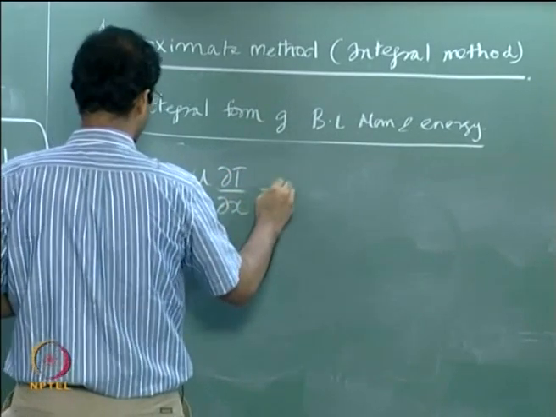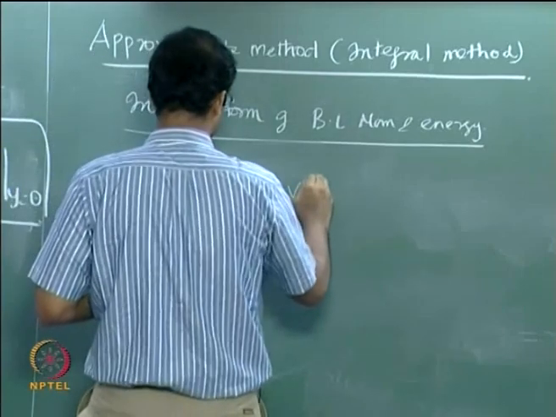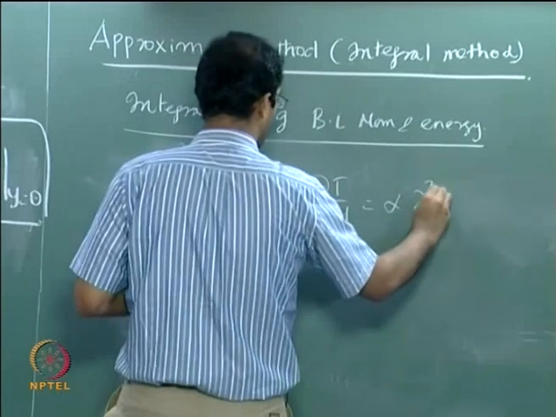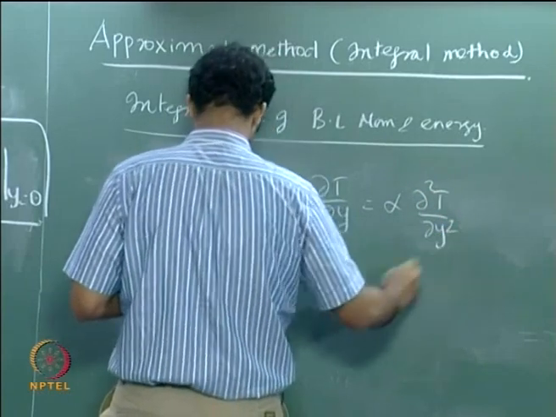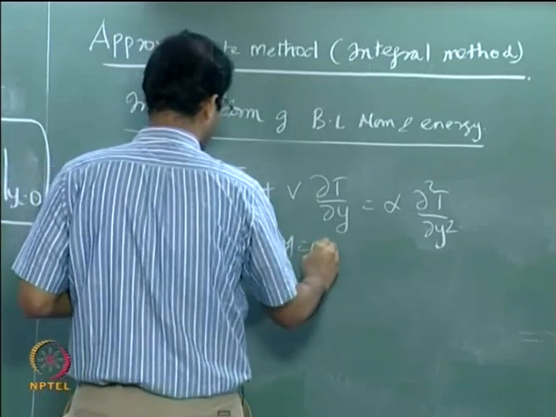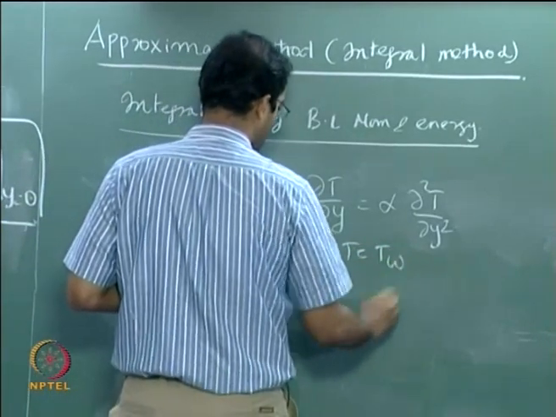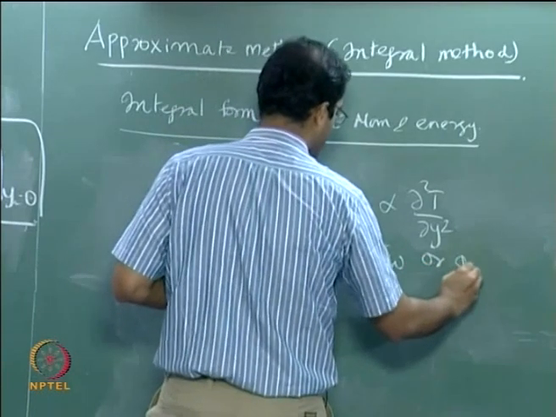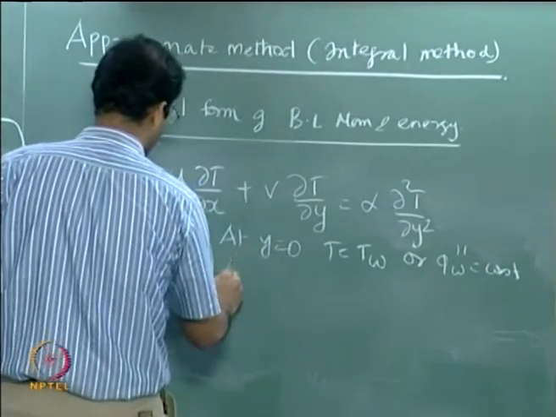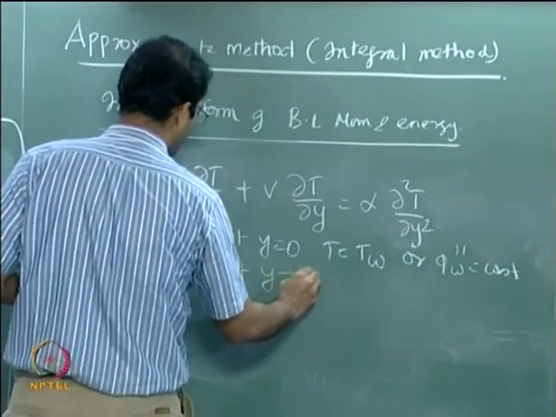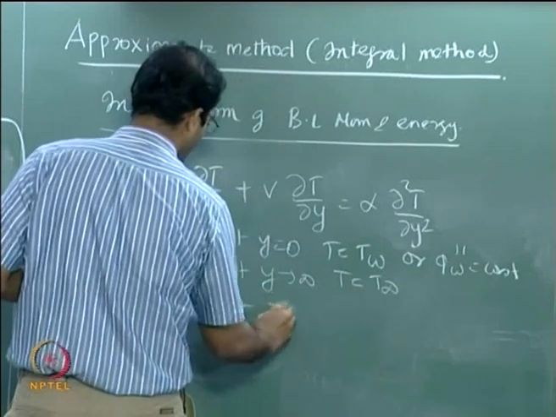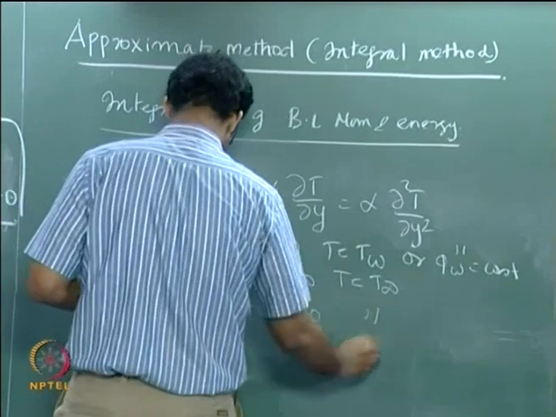We do not assume any viscous dissipation term here for the flat plate case. Without viscous dissipation, this is your equation. At y equal to 0, it could be either wall temperature is fixed or your prescribed heat flux which is constant, and at y going to infinity, T is equal to T infinity. At x equal to 0, also the same thing follows.